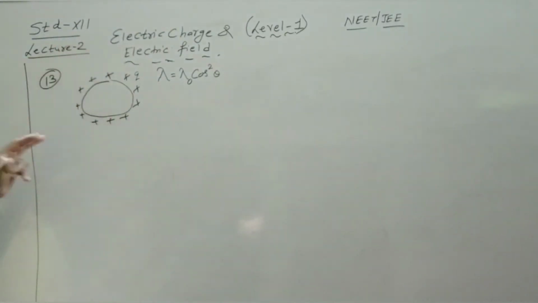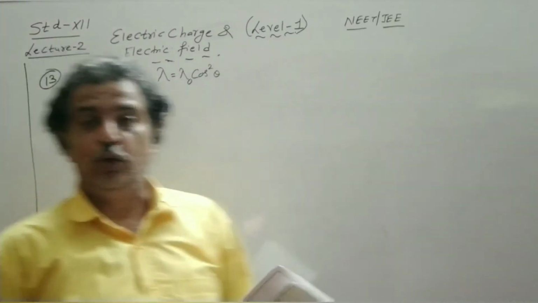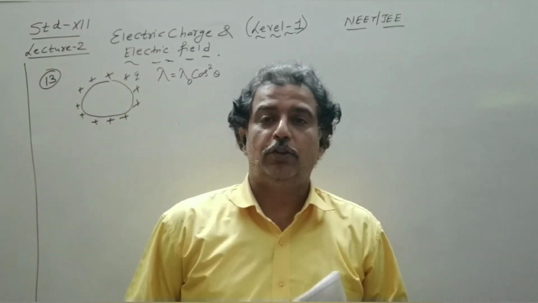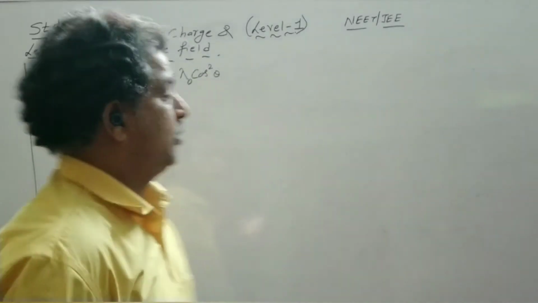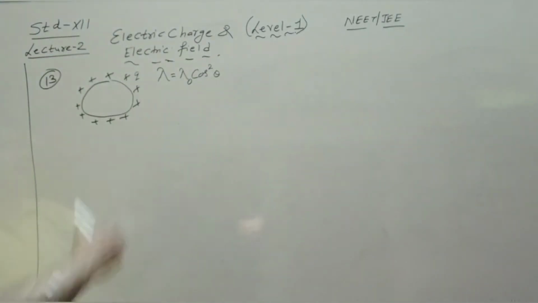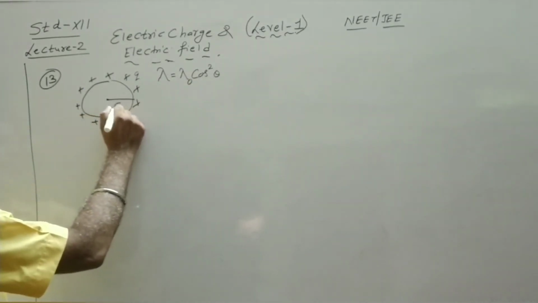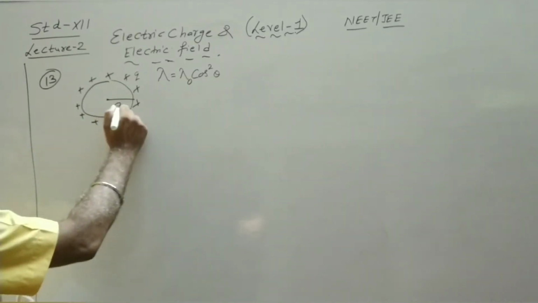When we did the densities, that is linear, surface and volume charge density, we discussed uniform and non-uniform distribution. So here the distribution is variable. It is a function of theta. The radius of the circle given is small a.